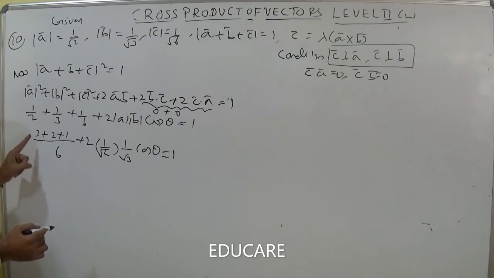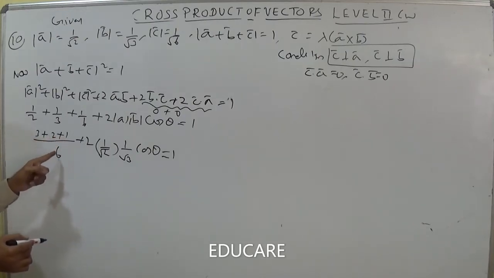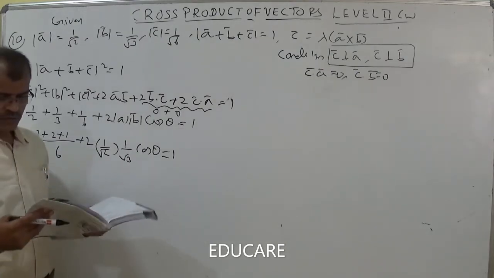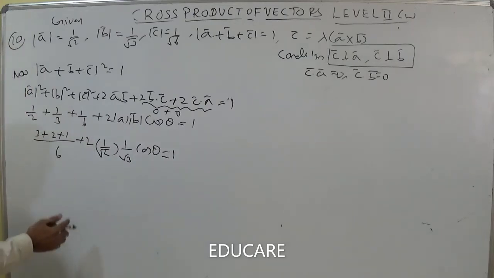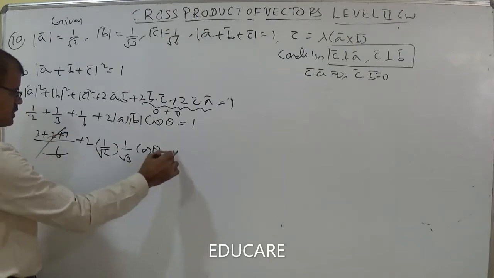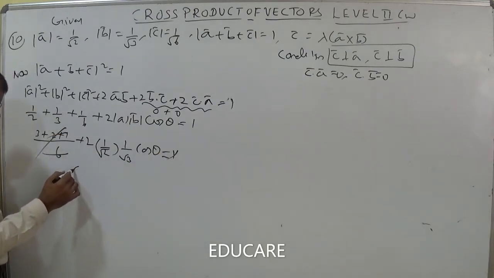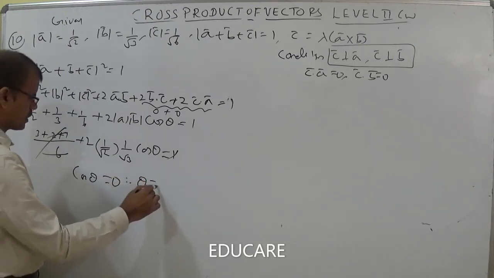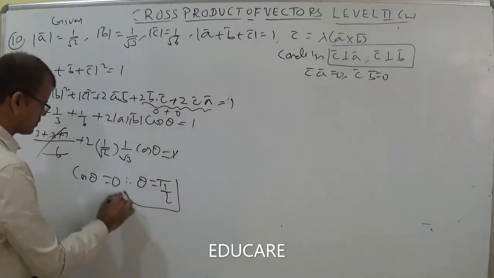What is the value here? 3 plus 2 plus 1 is 6, 6 by 6 is 1, and this 1 and this 1 will get cancelled. So cos theta is equal to 0, therefore theta is equal to pi by 2. That is the angle.